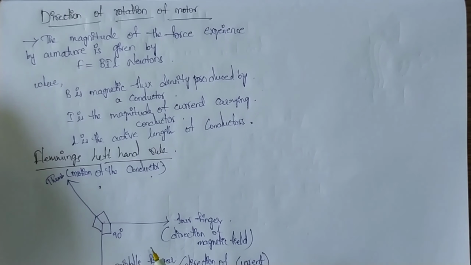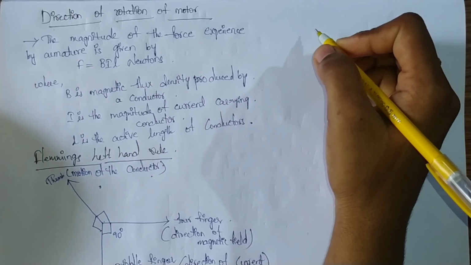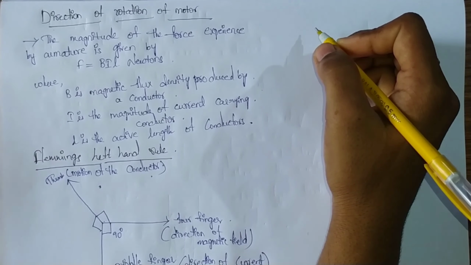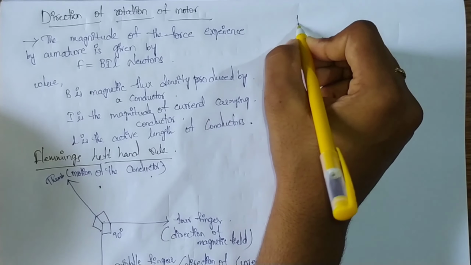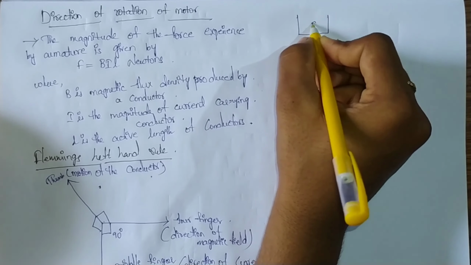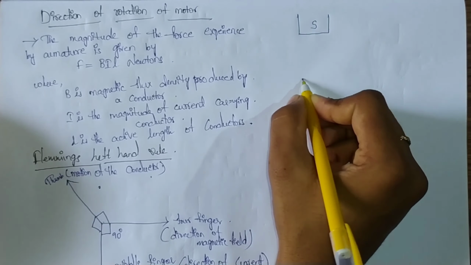Let us see how it goes, with cases showing how the motion of the conductor, the magnetic field direction and the current direction can be found. Consider case 1. Here I am considering the poles: this is the south pole and this is the north pole. In general the flux direction is from north to south like this. I am placing a conductor whose current direction is inwards.